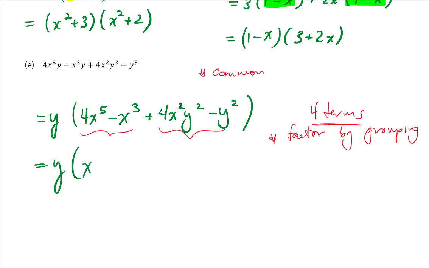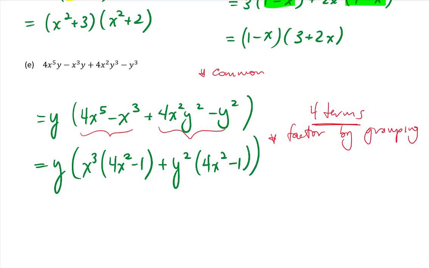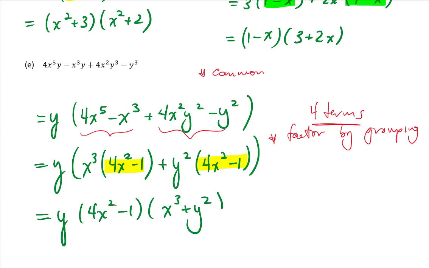The first group has a common factor of x cubed, which leaves me with 4x squared minus 1. And the second group has a common factor of y squared, which leaves me with 4x squared minus 1. We now have 4x squared minus 1 as a common factor for both our terms. So we get 4x squared minus 1 times x cubed plus y squared.